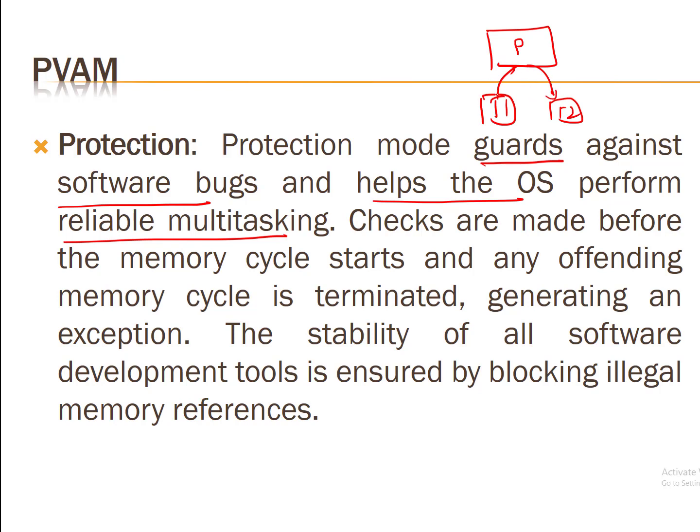It may be possible that task 1 points to an instruction related to task 2, in the case of viruses. Normally it won't happen because T1 and T2 are written differently. But if there is malicious code which addresses or jumps to the address of task 2, it may start executing task 2 and steal all the data available in task 2.